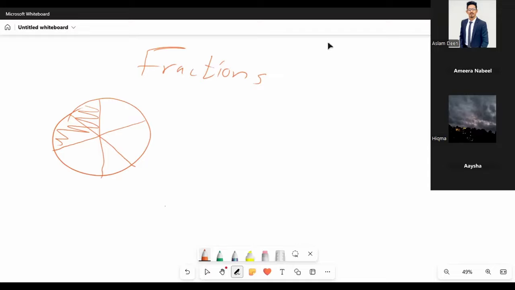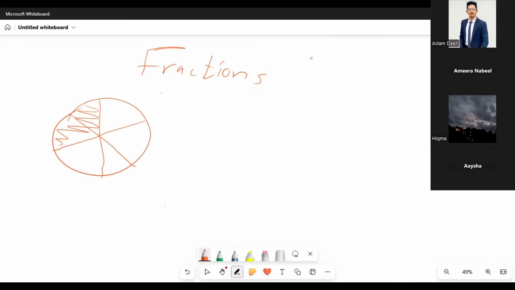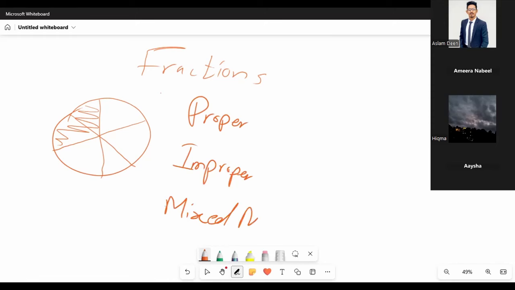So basically we have 3 types of fractions: proper fraction, improper fraction, and the third one is mixed number, not mixed fraction. I can see some of you gave the answer as unit fraction.